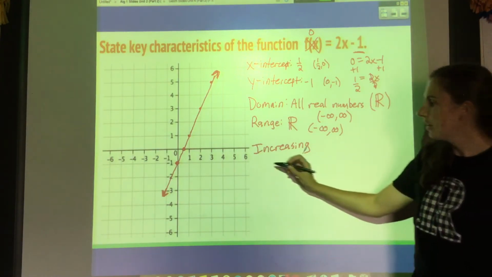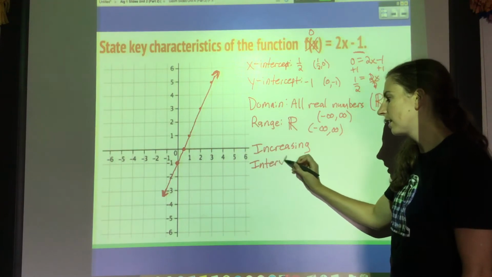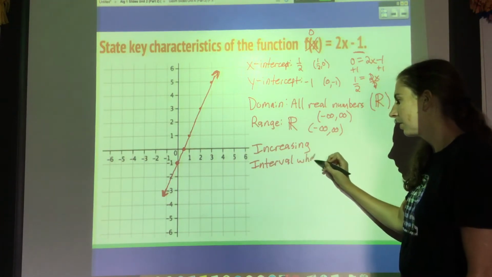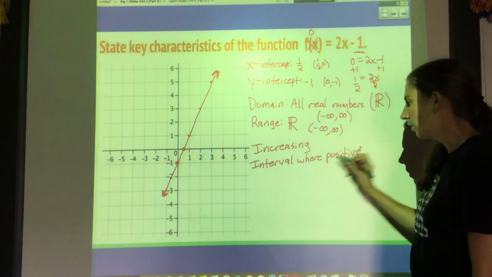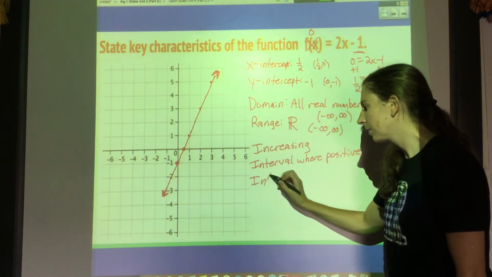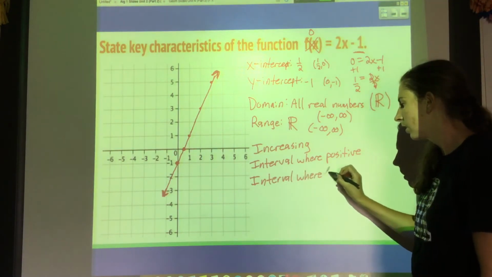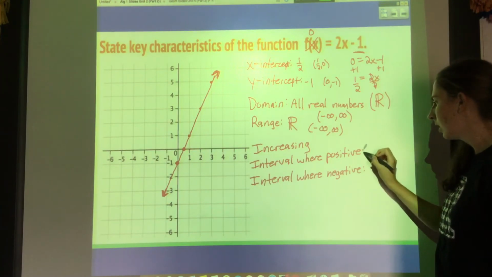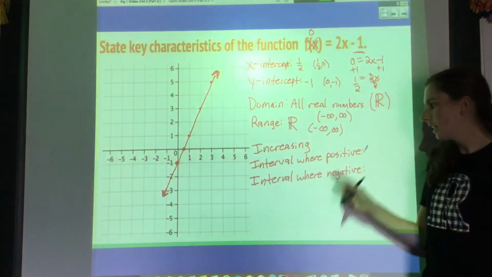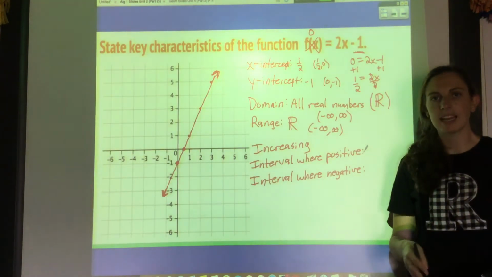Next thing we'll talk about is the interval where the graph is positive, and also the interval where it's negative. Okay, remember, it's positive when it has a positive output, and it's negative when it has a negative output.